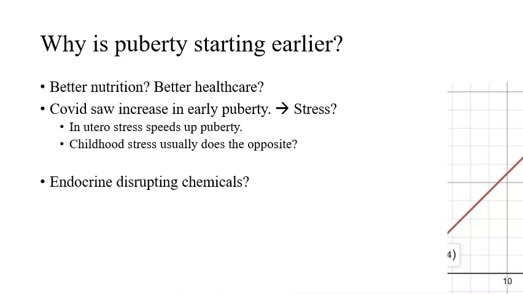So maybe there's a lot of different chemicals in our water system that are causing puberty to occur earlier. One thing to consider is birth control. Women who take birth control urinate higher levels of estrogen, and so then that will actually go into the wastewater treatment and re-enter our water supply.